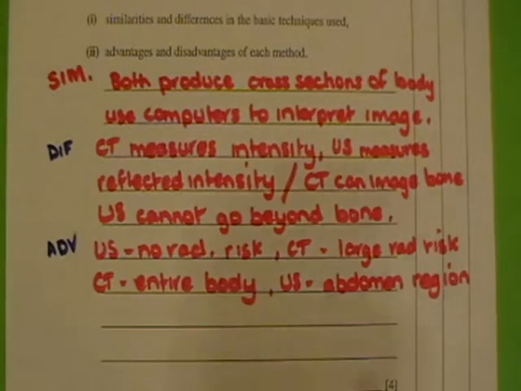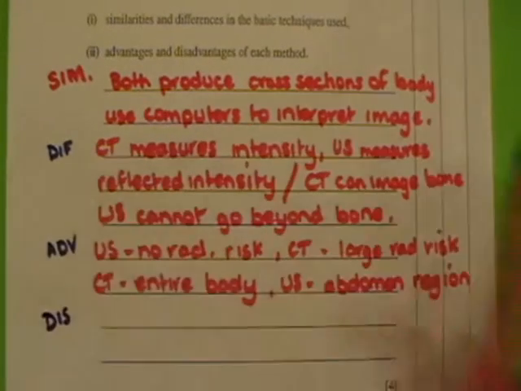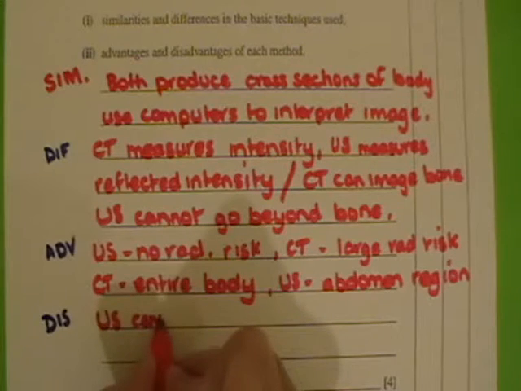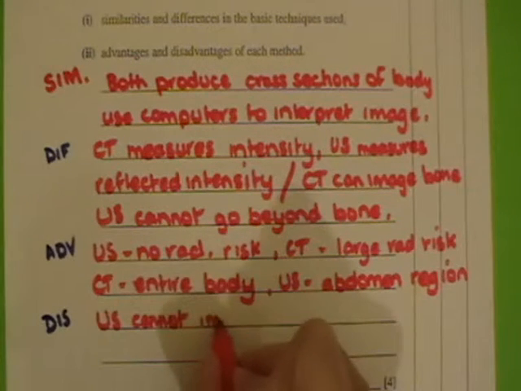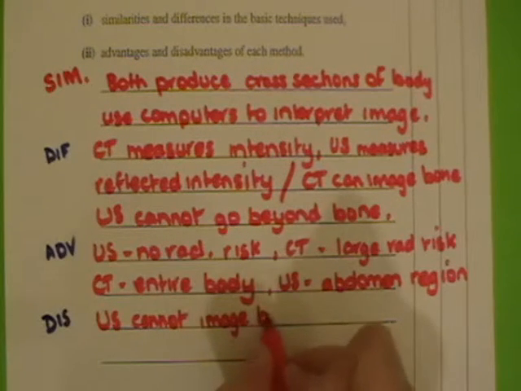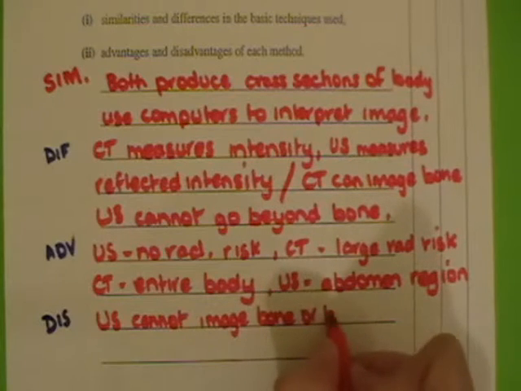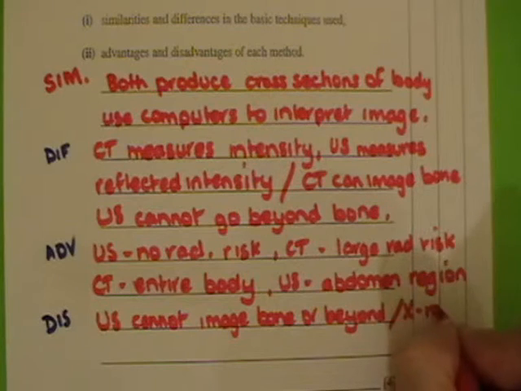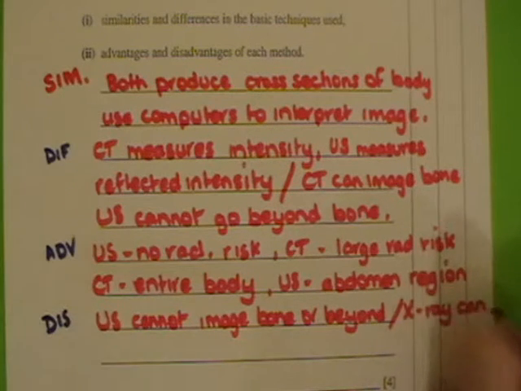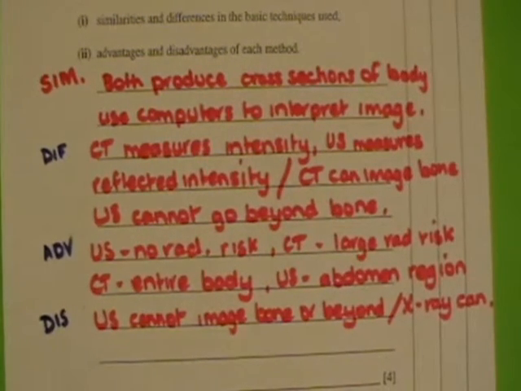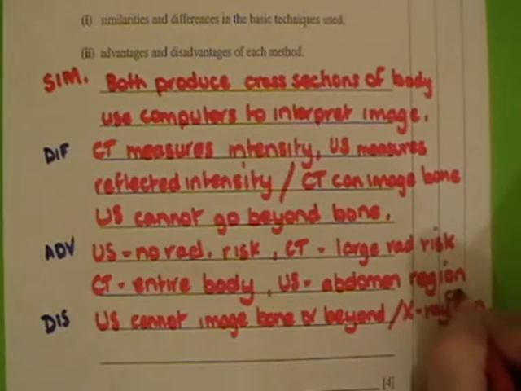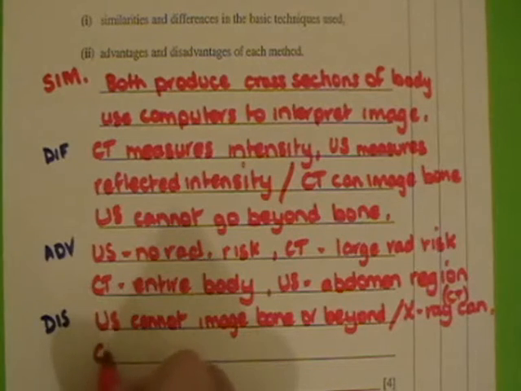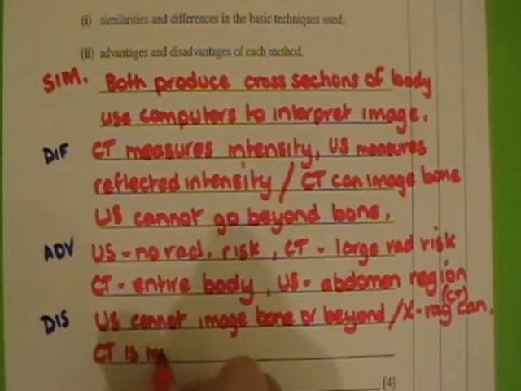And then disadvantages is that ultrasound can't see through bone, cannot image bone or beyond it. And then X-ray can, or CT scan I should say, CT can. So the CT scan can. And CT then is much more expensive.